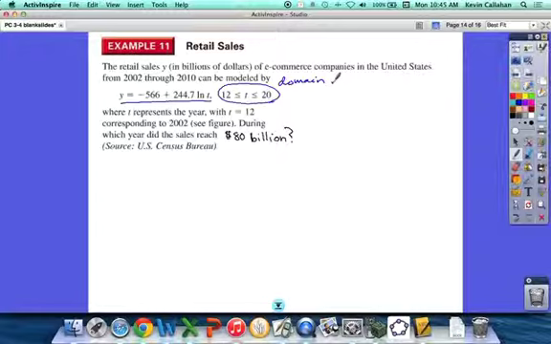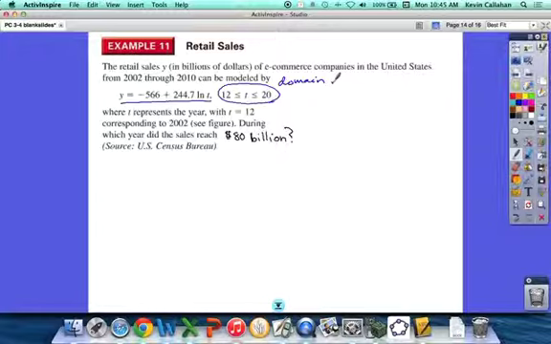Okay. Where t represents the year, with t equals 12 corresponding to 2002. Okay, so which year was the 0 year? If 2002 was t equals 12, which year was the 0 year? 1990, right? During which year did the sales reach $80 billion? Okay, so what are they expecting us to do here? Substitute the 80 billion where? For the y, right?